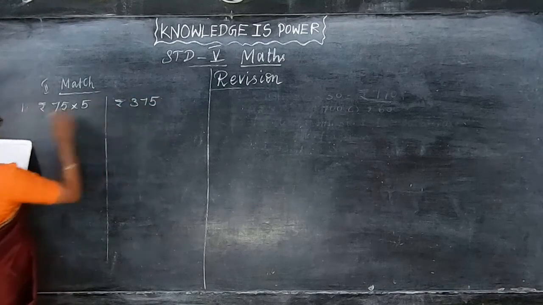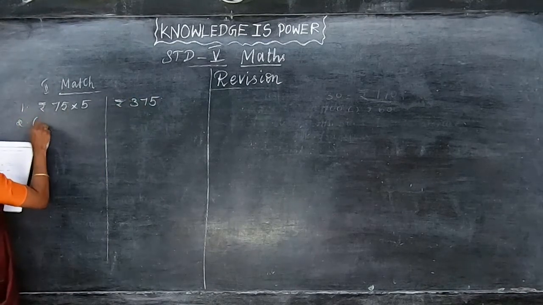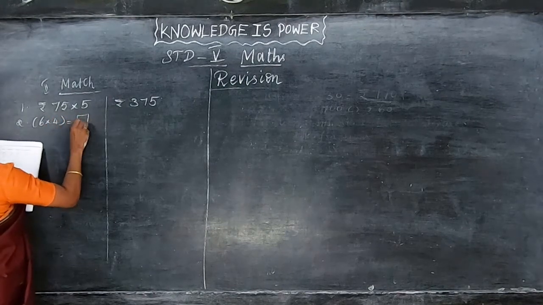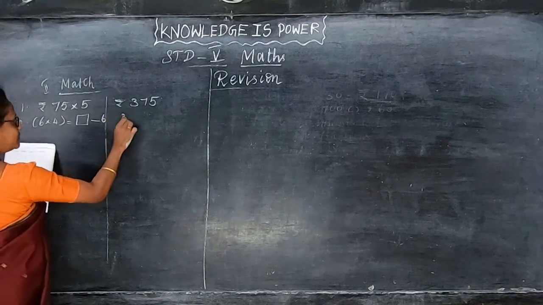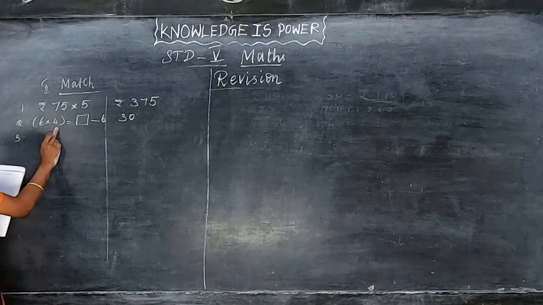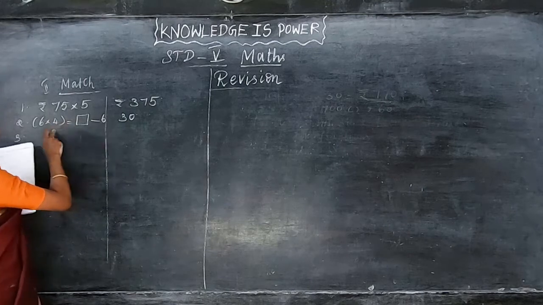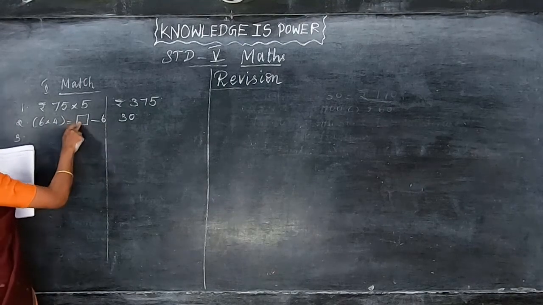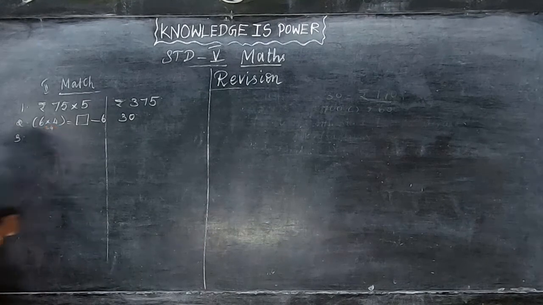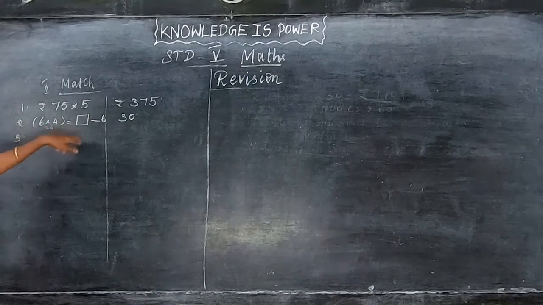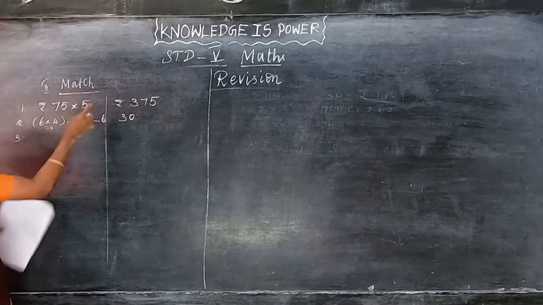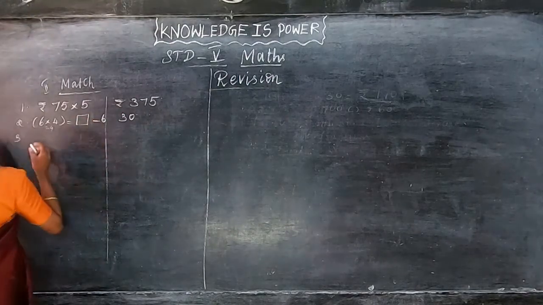This is the correct answer I am giving, so don't confuse yourself. 6 into 4 is equal to box minus 6. In the box you have to write 30. 6 4s are 24, so from which number minus 6 gives 24? From 30, minus 6 gives 24. So you think like that, okay? 24 plus 6 is 30.